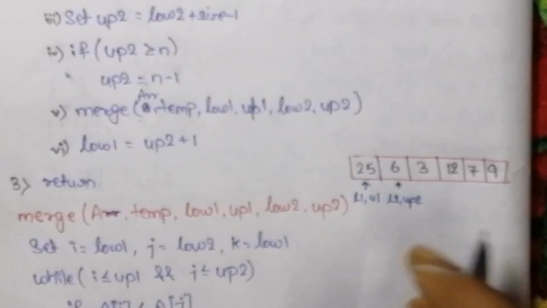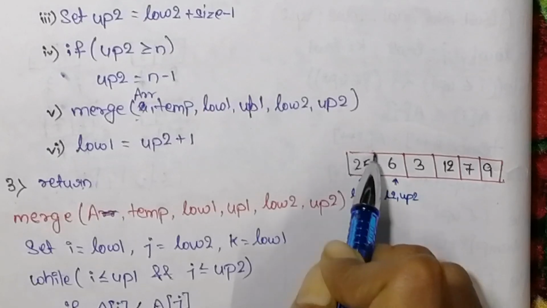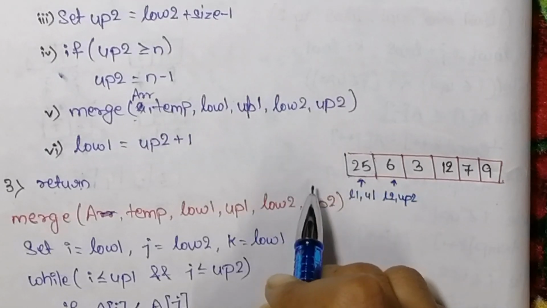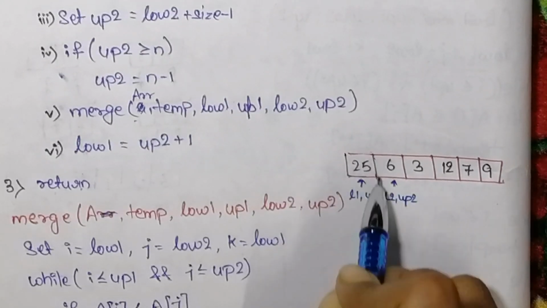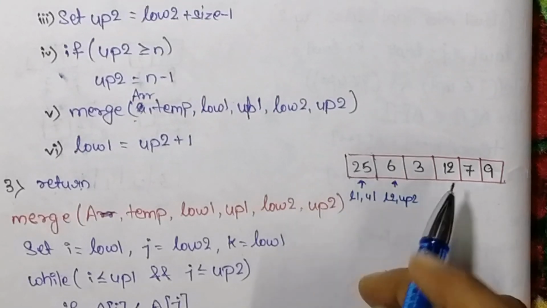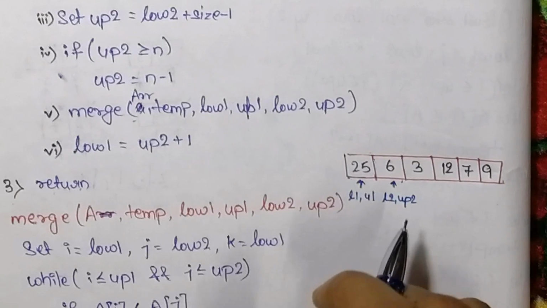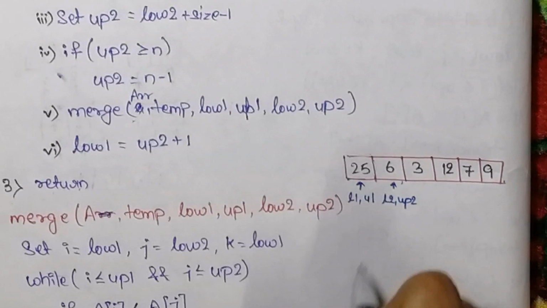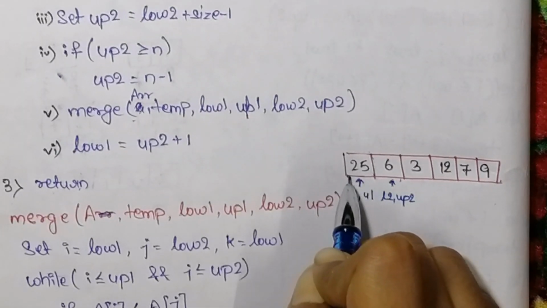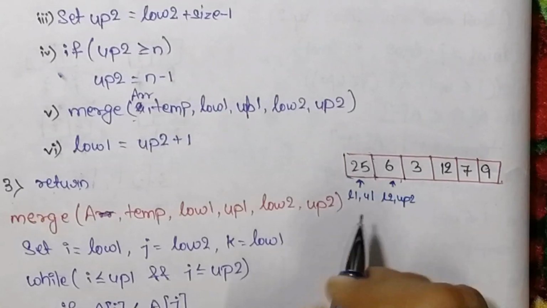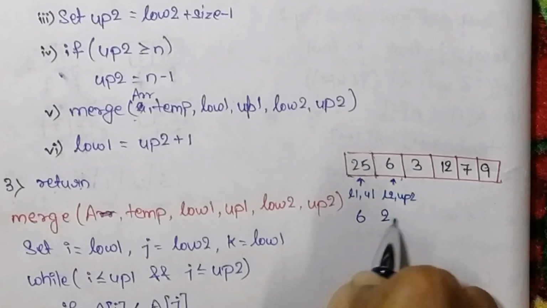So here we are considering this element 25 as a different array and this element 6 as a different array. We need to combine these two elements into a single array by sorting them. So in this block we will sort these elements 25 and 6, and it will be stored like 6 and 25.